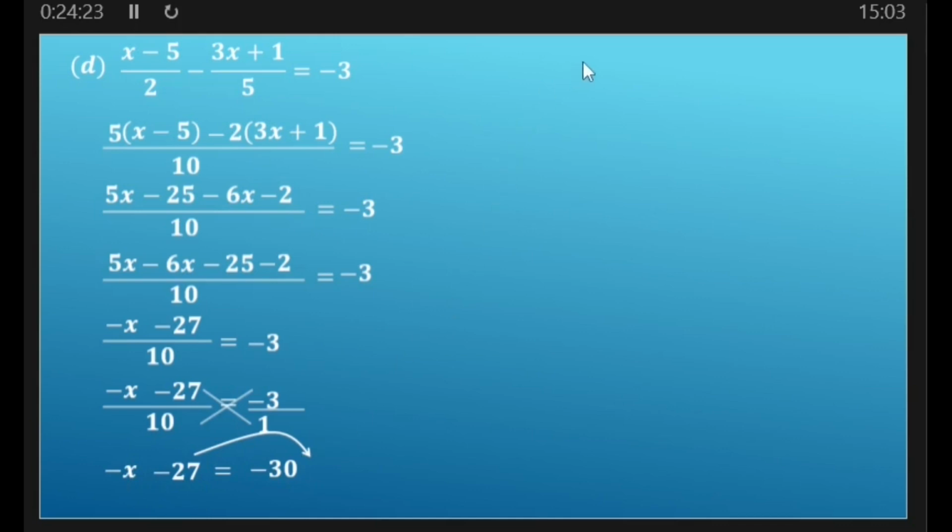So -x is equal to -30, then when -27 crosses, it becomes +27. So -x is equal to -30 plus 27, which gives us -3. To get rid of the negative, we multiply everything by -1. So -1 times -x gives us x, equals -1 times -3, which gives us 3. This is the answer.